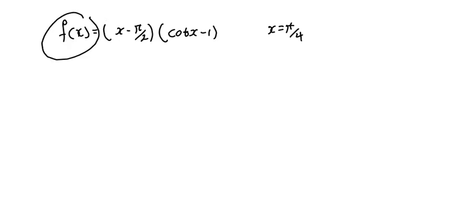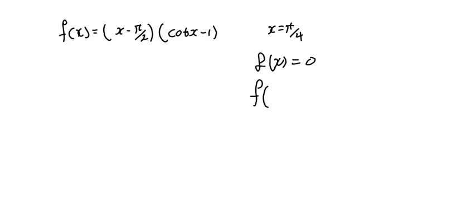So what we are trying to find is that when we substitute pi over 4 where there's x, you are supposed to end up with f of x being equal to 0. So f of pi over 4 should give you 0. This tells you that pi over 4 is a root for the function f of x.